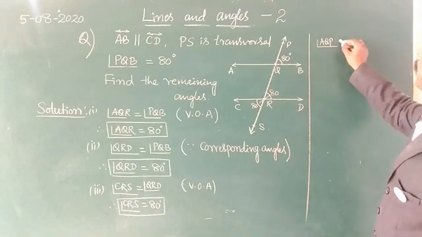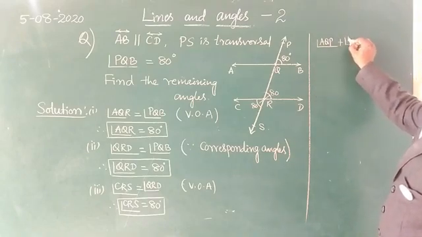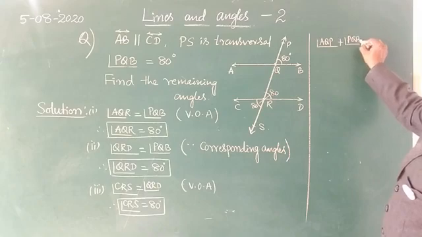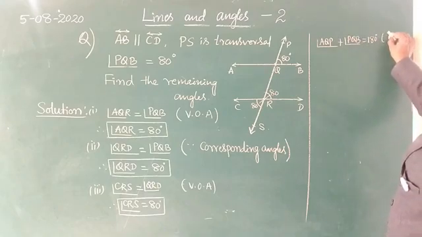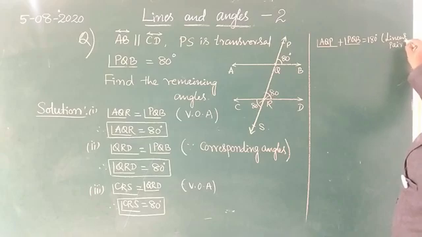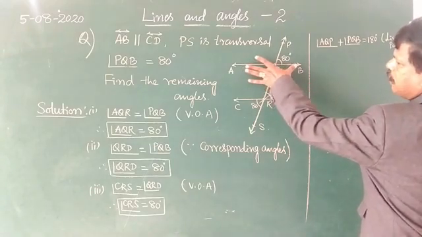Angle AQP plus angle PQB is equal to 180 degrees. Why? These are linear pair angles, because this is a straight line.